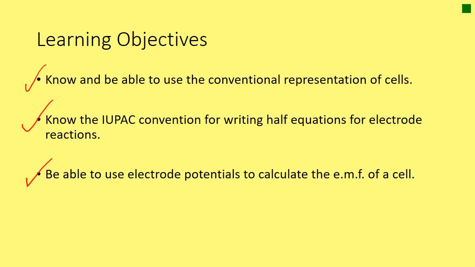We did that for 2 different examples, and as well as that we wrote half equations from those conventional representations. And lastly, we used electrode potentials to calculate the EMF of a cell with that last formula: electrode potential of the cell equals the electrode potential of the right hand side, take the left hand side. So we've done that one too.